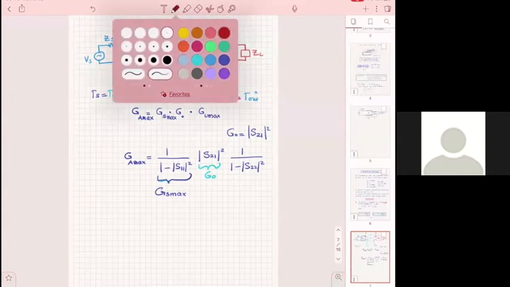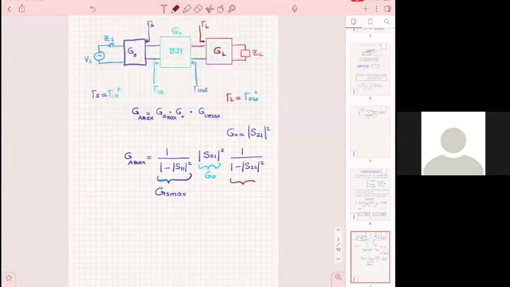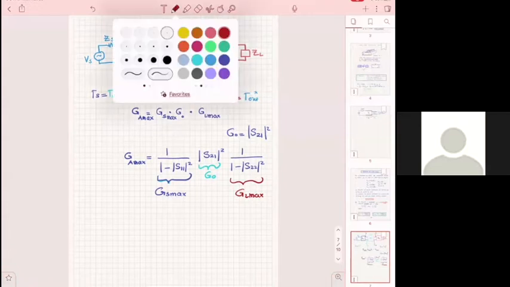And this one here is GL max. And now, since I have given you all the scattering parameters, you can find all of this.